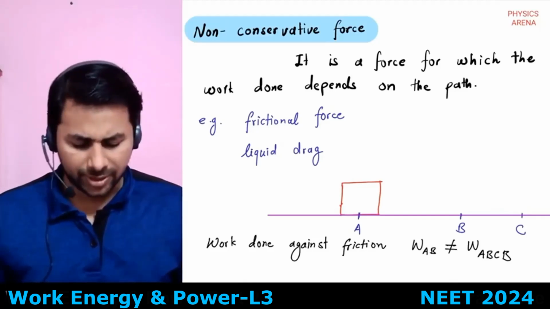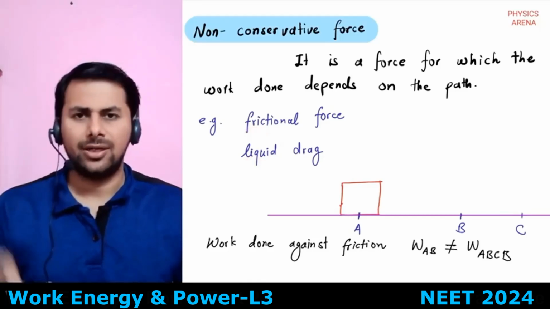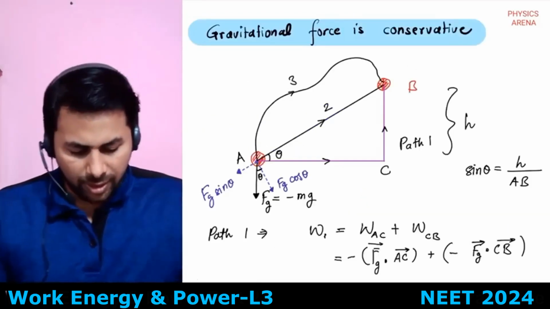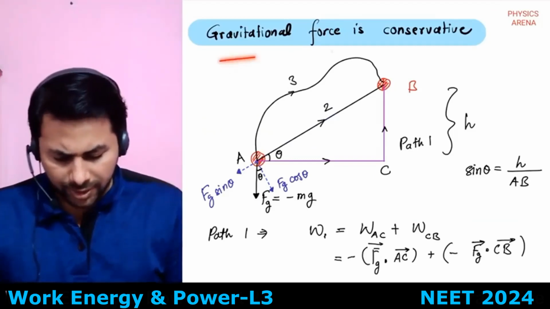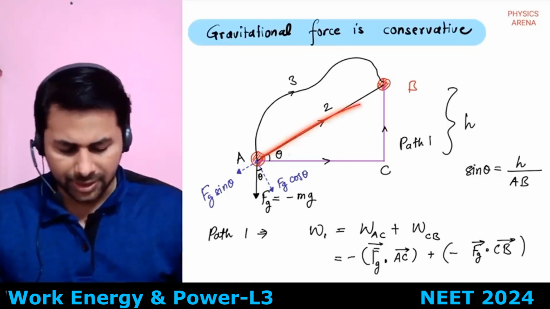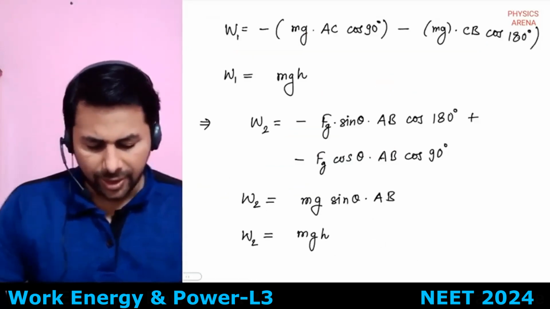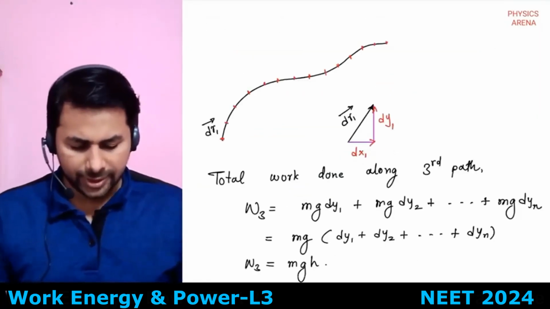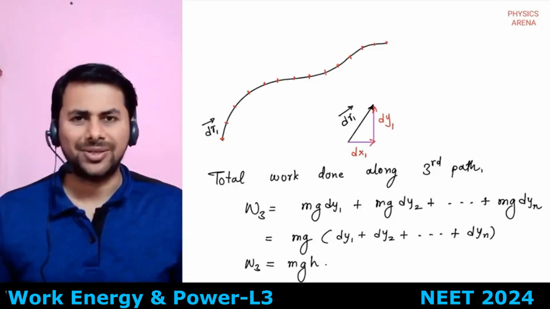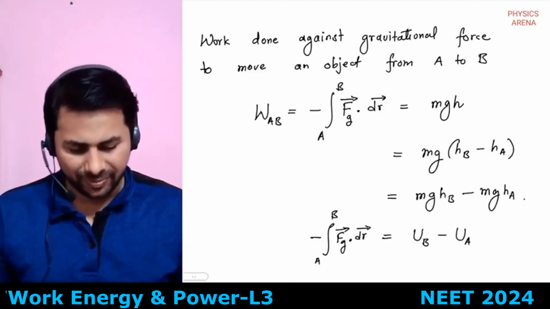That's why work done depends on the path. So these kinds of forces are known as non-conservative forces. Now here I am just proving that gravitational force is a conservative force. Considering different paths, we prove that gravitational force is a conservative force because work done does not depend on the path followed.